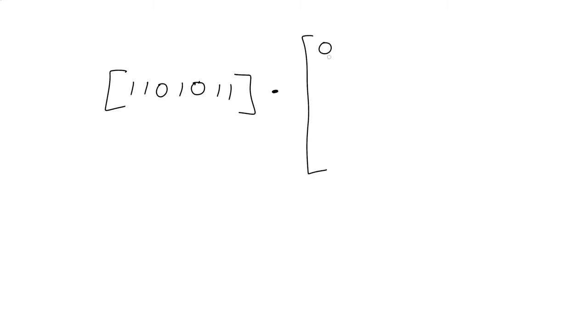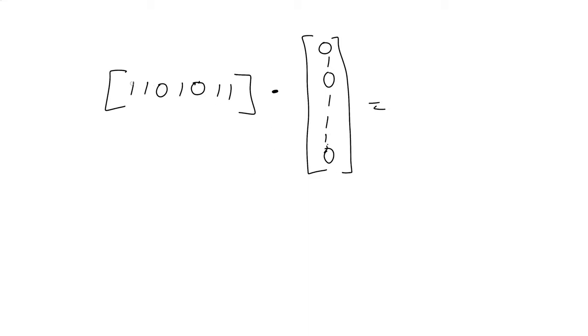Okay, so let's do an example. Suppose we have this vector 1, 1, 0, 1, 0, 1, 1. And let's say we're going to take the dot product between that and this vector, 0, 1, 0, 1, 1, 1, 0. And notice I've made one a row vector and one a column vector, so we get a scalar out, right? All right, what's this answer going to be?